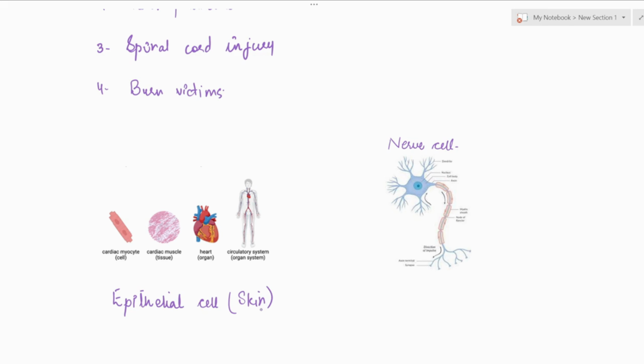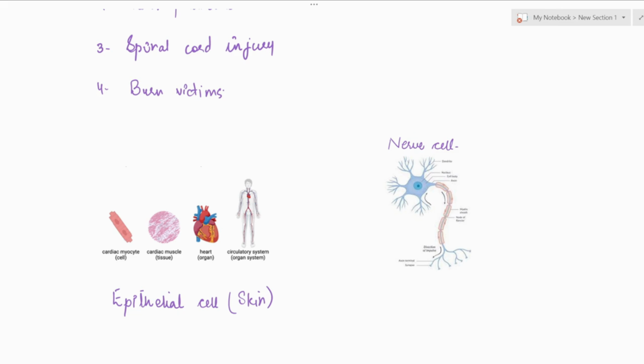The outer and inner lining both are made up of epithelial cells. The inner lining of the intestine is also made up of epithelial cells. Whatever the inner space, whether in our body or outside our body, it is all epithelial cells.